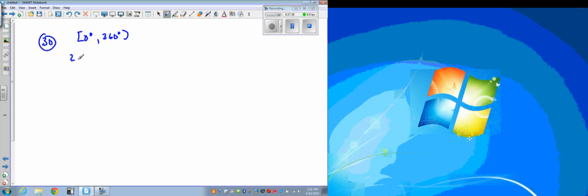Okay, this one says 2 square root of 3 cosine of theta over 2 equals minus 3. What you want to do with this is get this cosine of theta over 2 by itself. So you're just going to divide both sides by that, right?